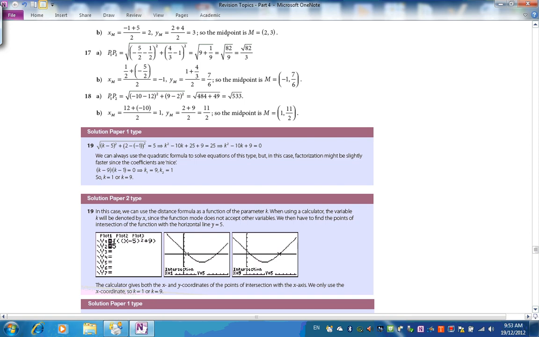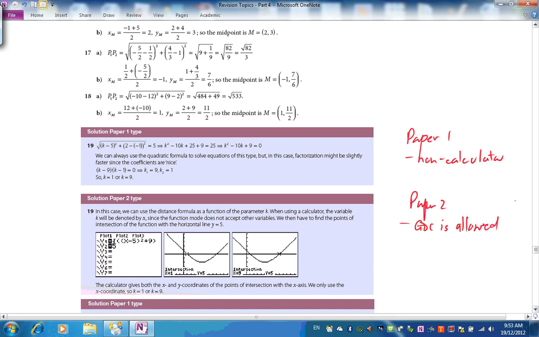Notice the TI here, they're talking about paper 1 and paper 2, because paper 1 is a non-calculator paper, so you've got to be able to do it without a calculator. Paper 2, GDC is allowed, so you can use that to advantage there.